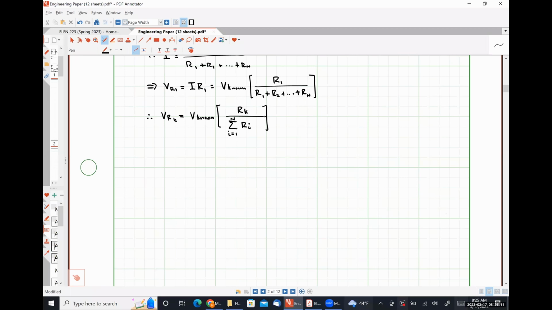And it's going to let us look at a couple of things as well. So let's say that I have a 10-volt source. I have a 5 ohm resistor. A 4 ohm resistor.